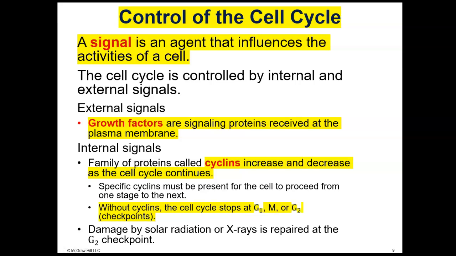Cyclins are inside the cell, and they increase and decrease as the cell cycle continues. Without cyclins, the cell cycle will stop at the G1, M, or G2 checkpoints. So the presence of these cyclins is important at each of the checkpoints, and if they're not present in sufficient quantities, the cell cycle will stop at those checkpoints.